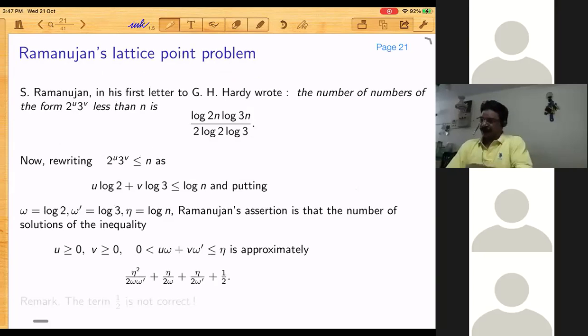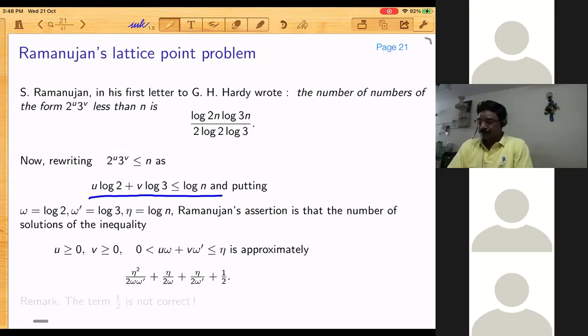All right. So rewriting this one, namely 2 to the power u 3 to the power v less than n, as u log 2 plus v log 3 less than or equal to log n. And let's say, just to generalize it, let's put log 2 as omega, log 3 as omega prime, and log n as eta.